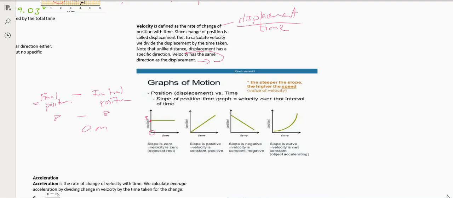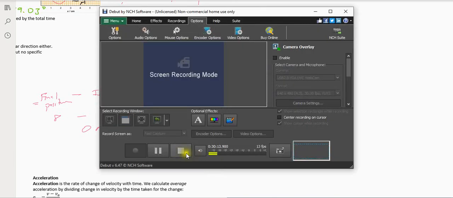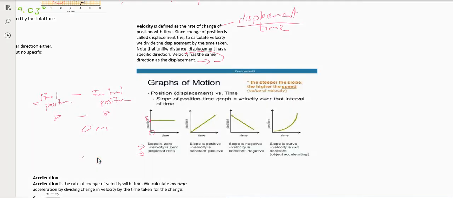So that's why we can say that the velocity is 0. And in other words, the object is at rest. The slope is going to be 0.